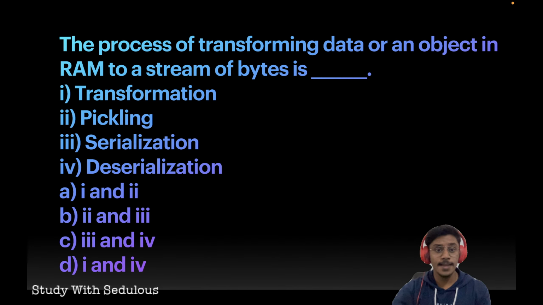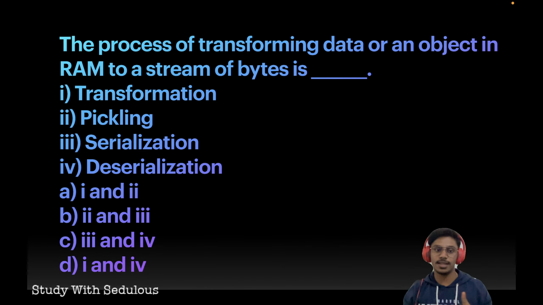Now, next question. The process of transforming data or an object in RAM to a stream of bytes is, okay, this we have said already. Is it transformation? No, it is not. Pickling, serialization, deserialization. Deserialization is actually unpickling. Serializing, we are serializing it into byte streams.